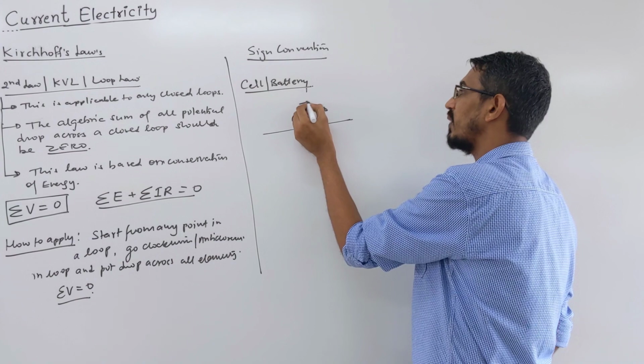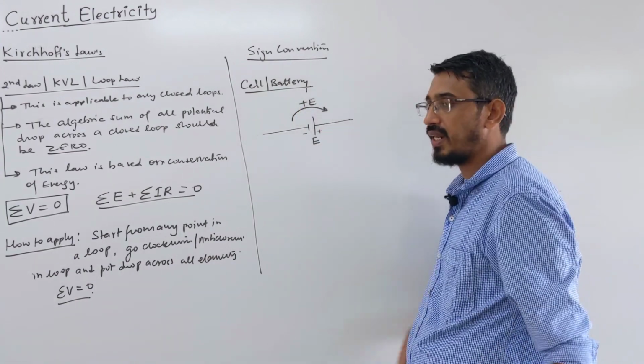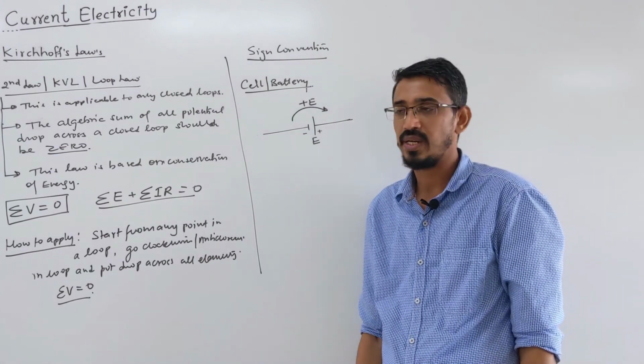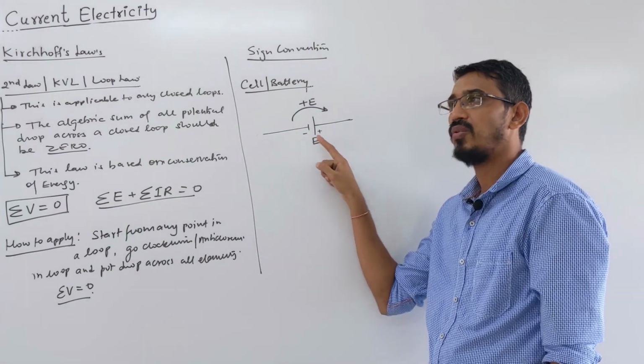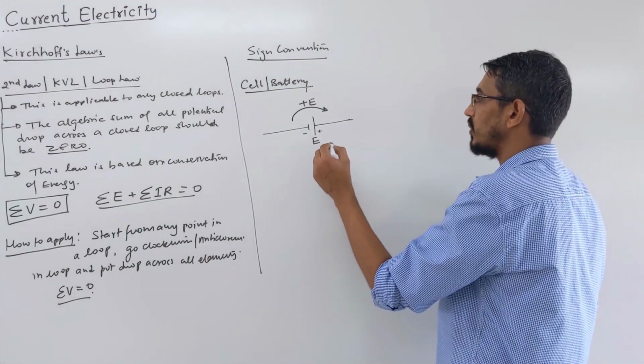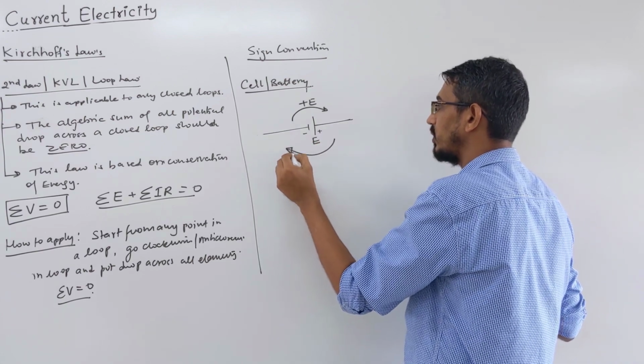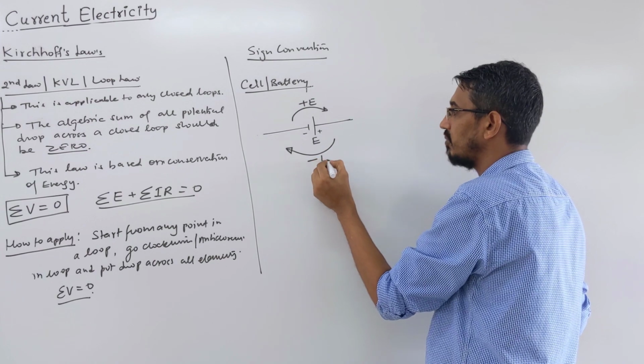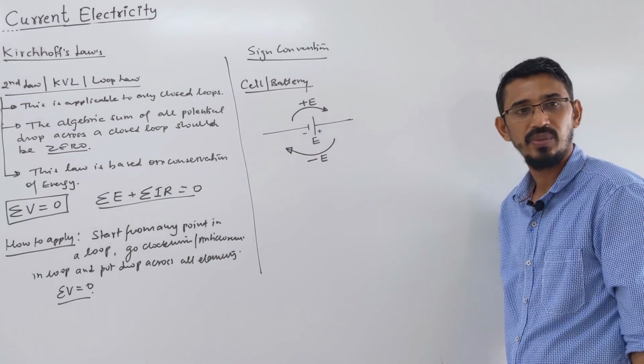So your voltage drop will be positive. Like if a 10 volt battery is given, then the voltage drop you write as plus 10 in your calculations. If you do it opposite, jumping from the positive terminal to the negative terminal, then your voltage drop will be minus E. Simple rule.